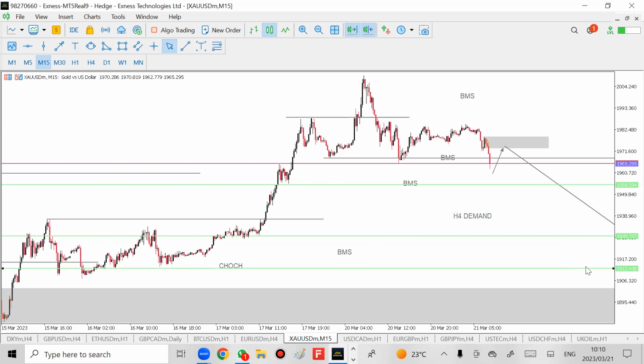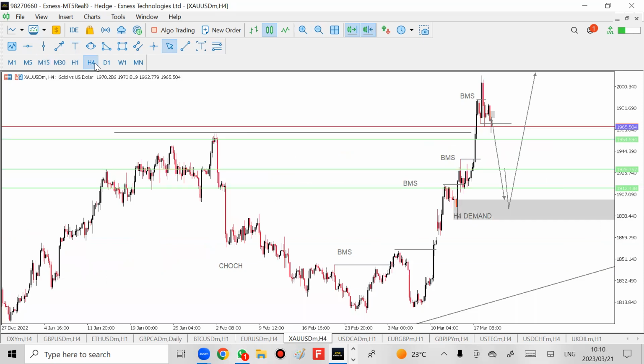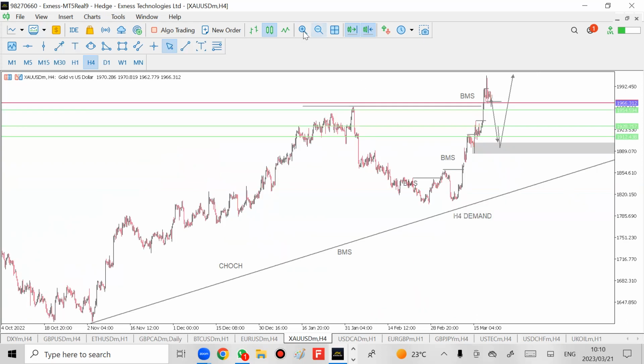So basically now we've analyzed gold and you know what gold is gonna do. Gold is likely to give us a complex pullback, selling towards demand. Then after demand, we're gonna be looking to continue buying.